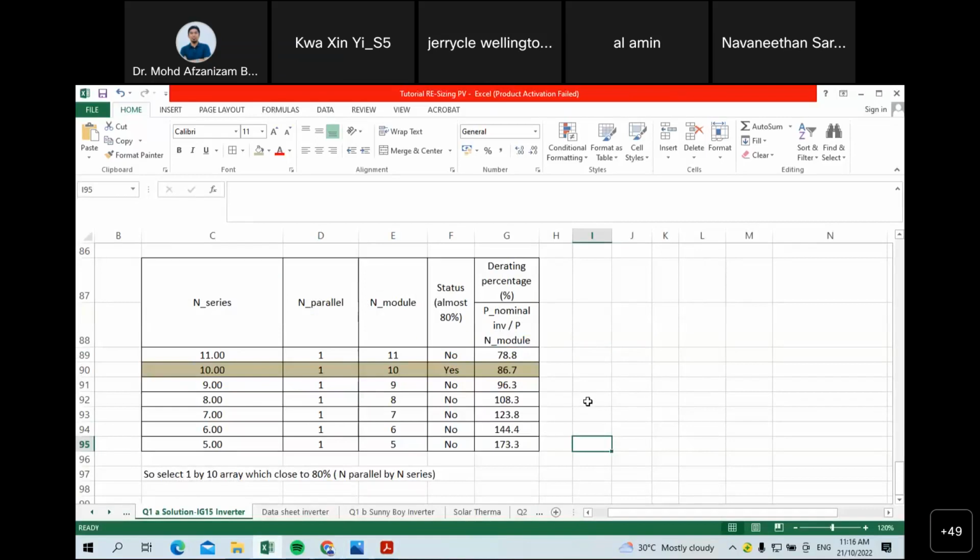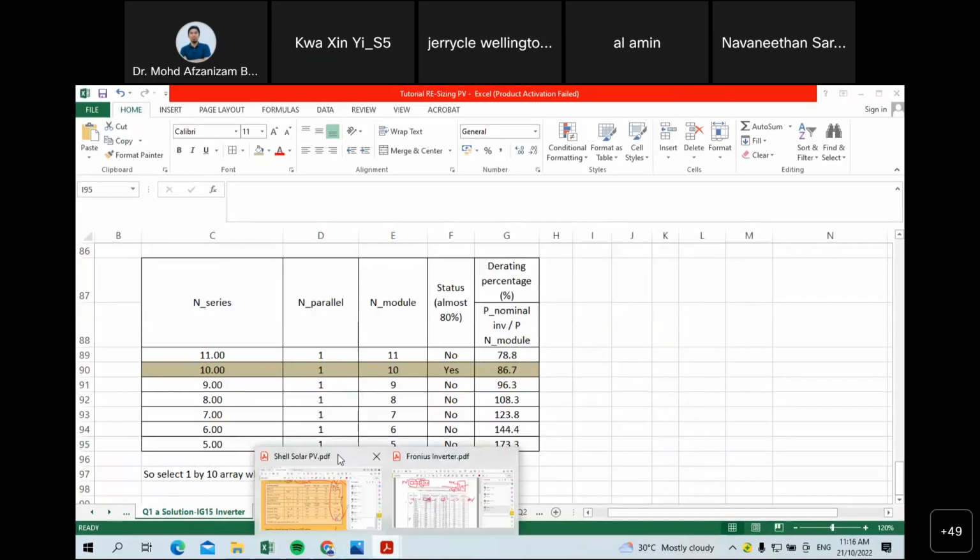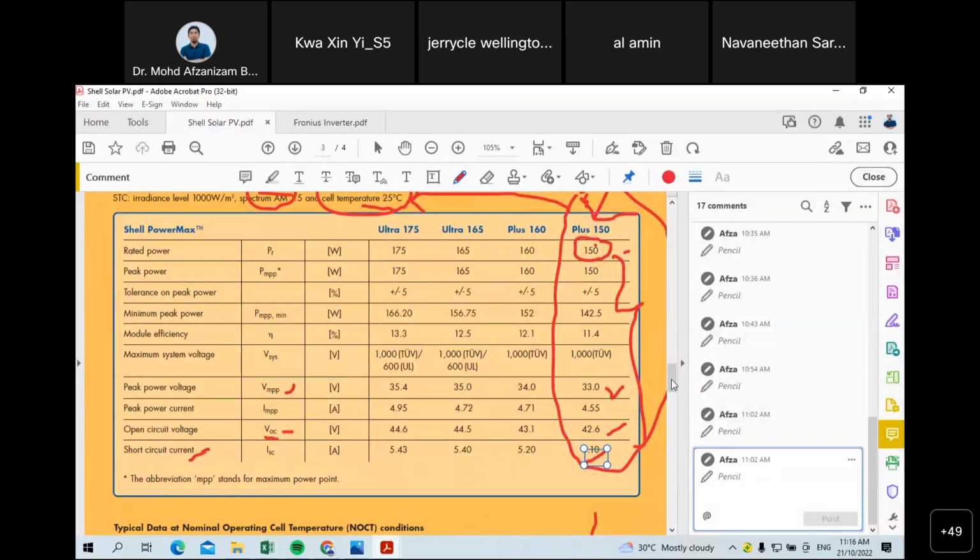1 by 10 means that, let's say we have modules. So we try to jot down here.